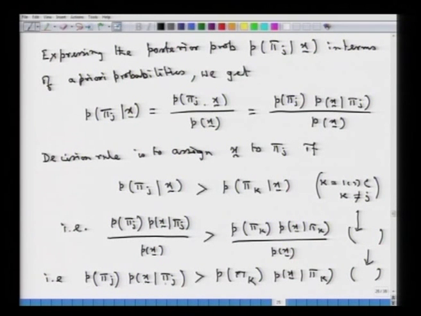This is what the Bayes rule actually boils down to. So this is finally the Bayes assignment rule, or Bayes classification rule.